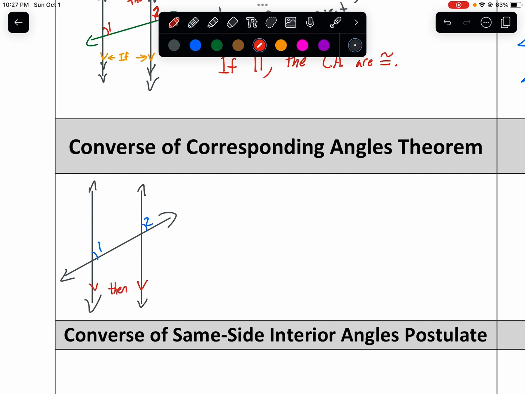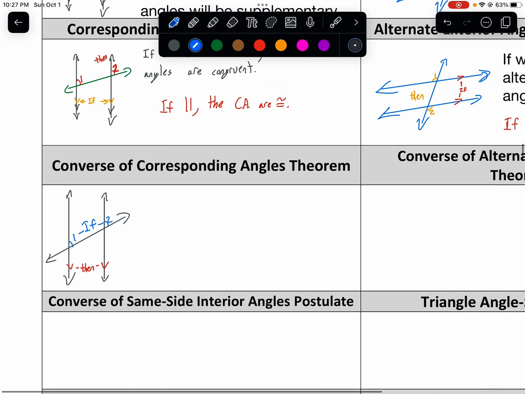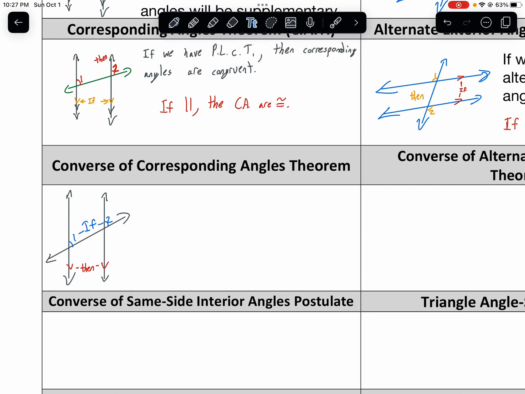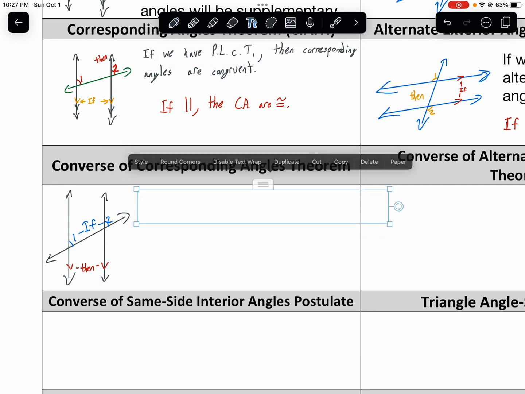This is the then part, and up here is the if part. If angle 1 is congruent to angle 2, then the lines are parallel. This is our converse of the corresponding angles theorem. So let's go ahead and write that out in its official statement.